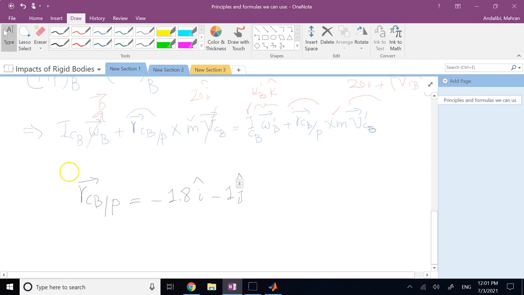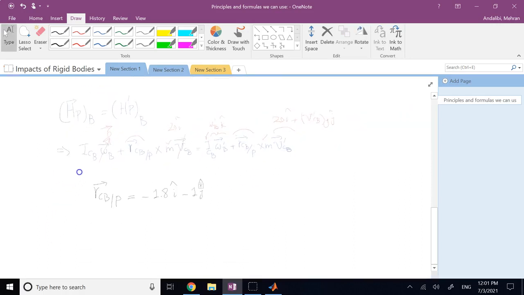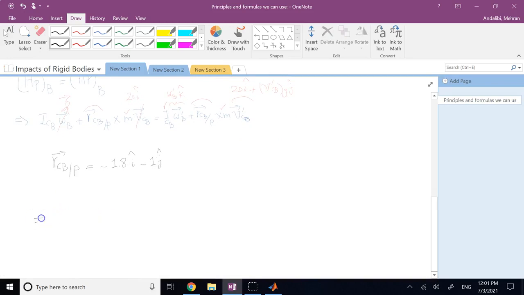And so if I plug in everything into that top equation, you will get again a determinant I, J, and K. And here you have the R vector, which is negative 1.8 and negative 1 and 0. And then you have M times VB, and M is 1600 multiplied by 20. So you get 32,000 I. No J and no K.